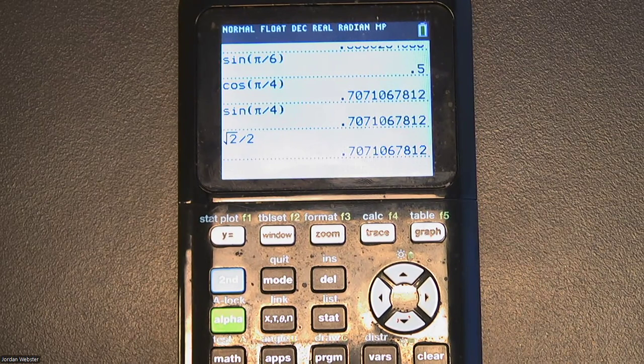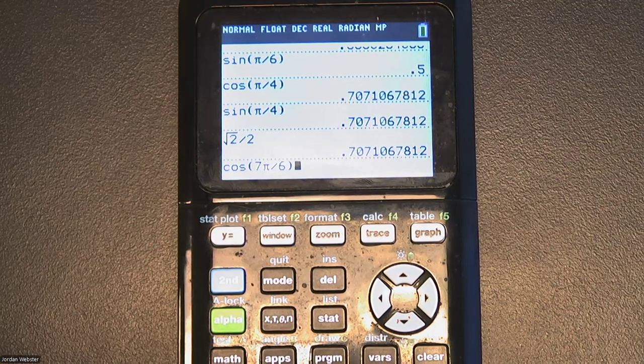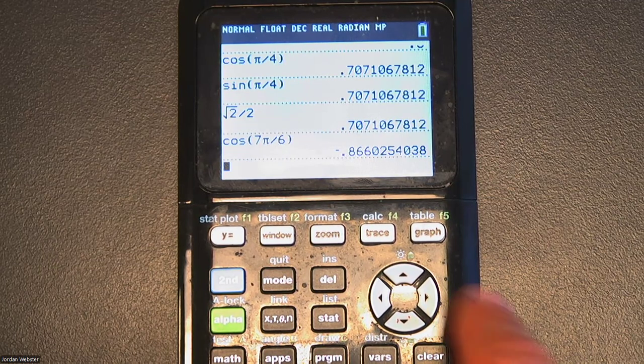And then we saw on all of these other ones, for instance, we saw 7 pi/6. Remember that was the negative √3/2. Sure enough, I get the negative of that decimal. And then sine of 7 pi/6.